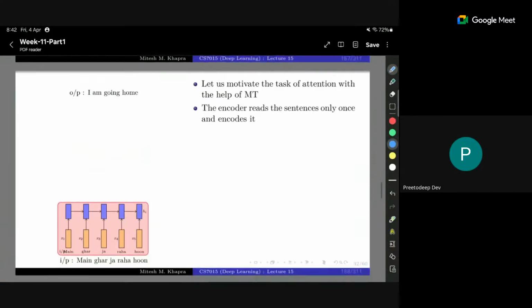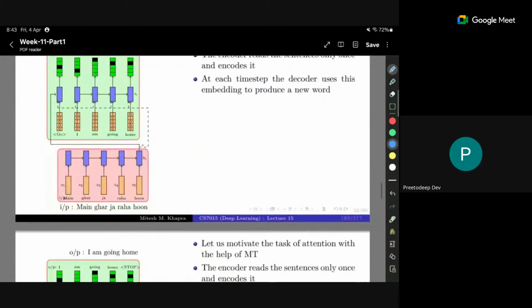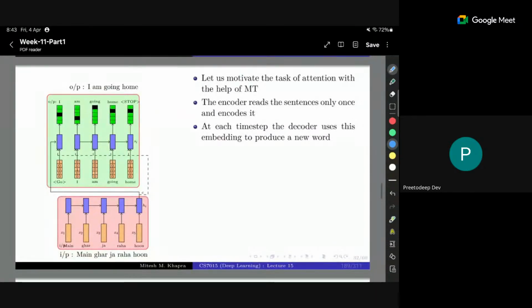Okay. The issue is, let's say I have "मैं घर जा रहा हूँ" and I'm translating it from Hindi to English. At a point, let's say I want to predict "I". If I have information about "मैं", if you understand Hindi, these two are related words, then it would have worked, right?